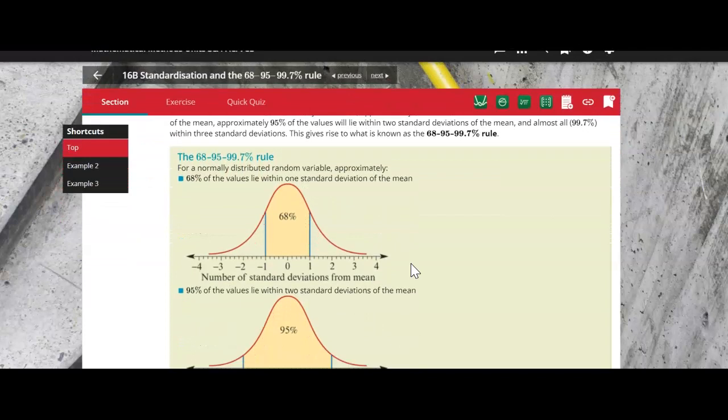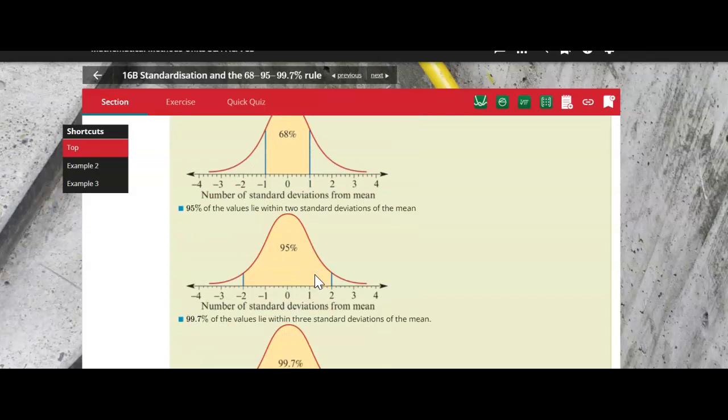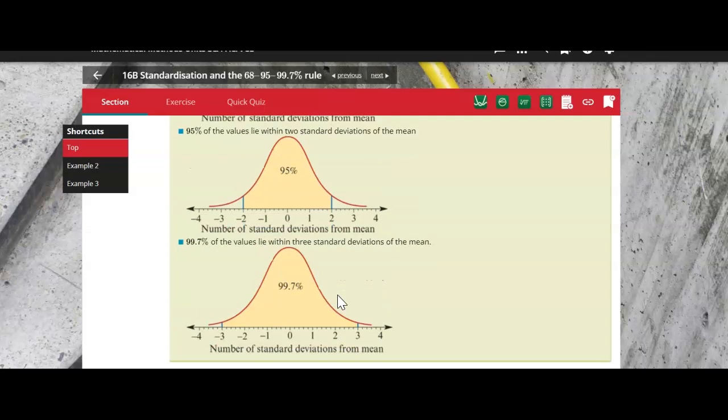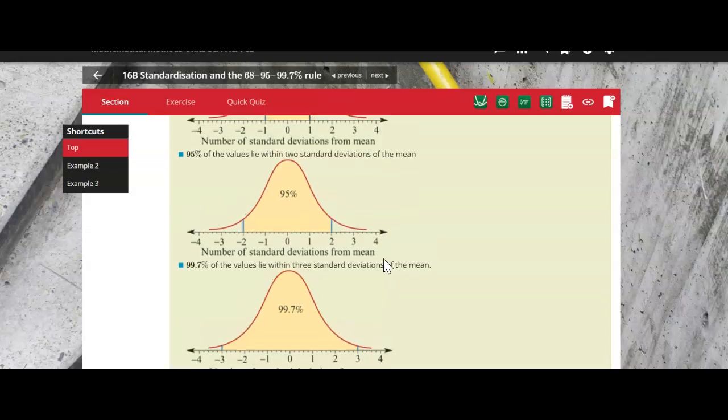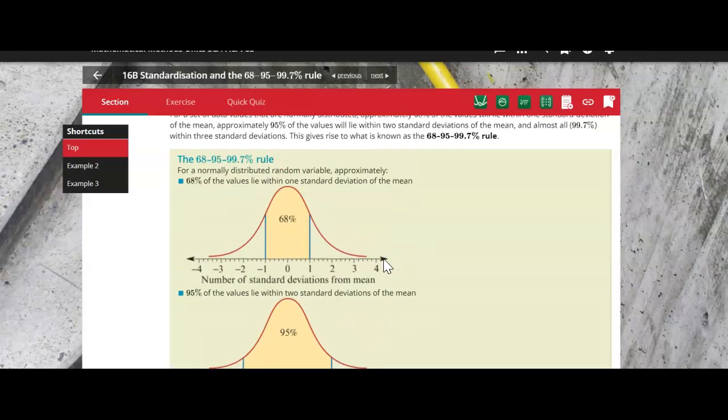So remember, we know that approximately 68% of values are between 1 standard deviation below and above the mean. 95% is approximately 2 standard deviations below and above the mean, and then 99.7%, 3 standard deviations above and below the mean. Okay, so remember we covered that in 16B.